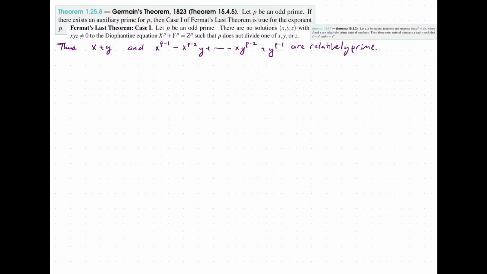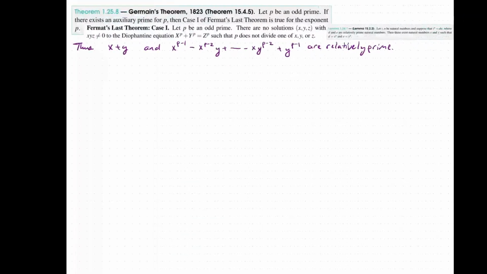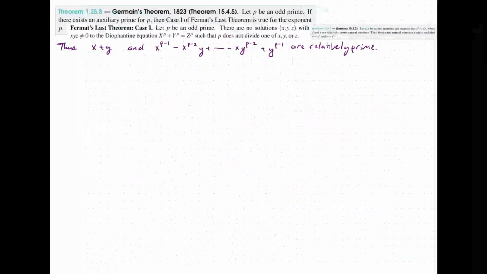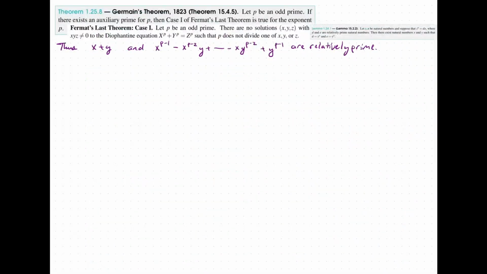And so we have now that x plus y and x to the p minus 1 minus x to the p minus 2 times y all the way through y to the p minus 1, these are relatively prime. But they are equal to z to the p, since we have that z to the p is equal to x to the p plus y to the p, which is equal to this. Since they are relatively prime, this has to be a perfect p-th power, and so must this. So in particular, we get the following.